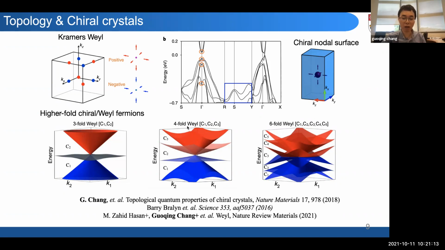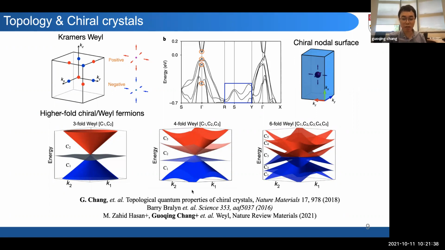Similarly, for the fourfold fermions, we need 3 integers, and for sixfold fermions, we need 5 integers. These integers are defined by the summation of all the bands below the gap. This number will be very important for us to further count the number of Fermi arcs and the optical response. I will discuss it later.